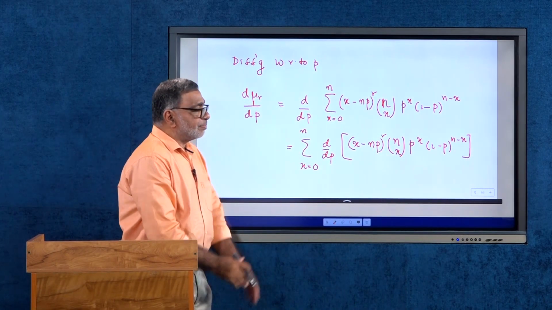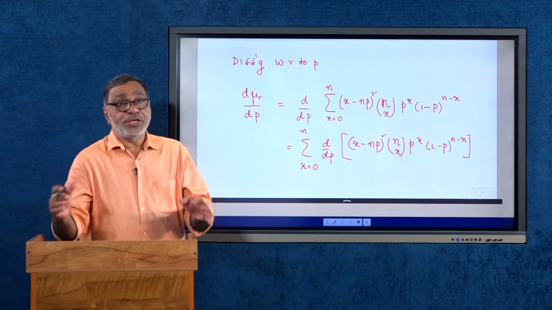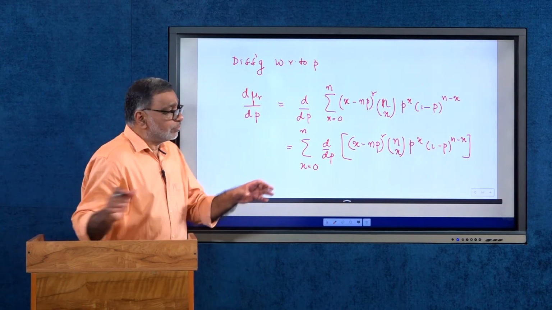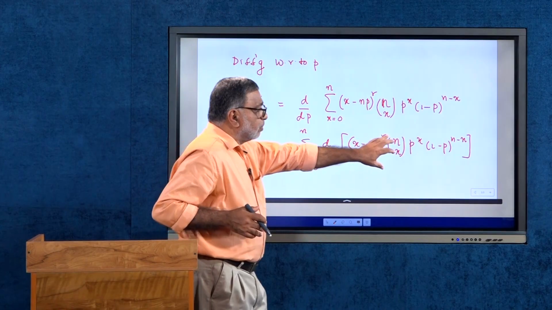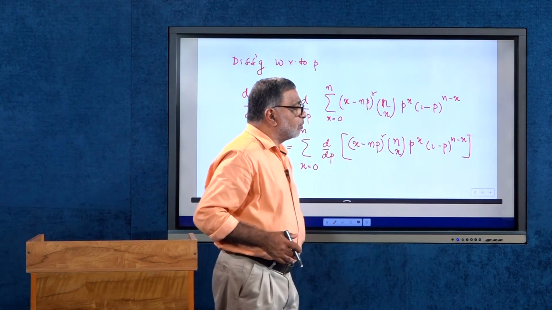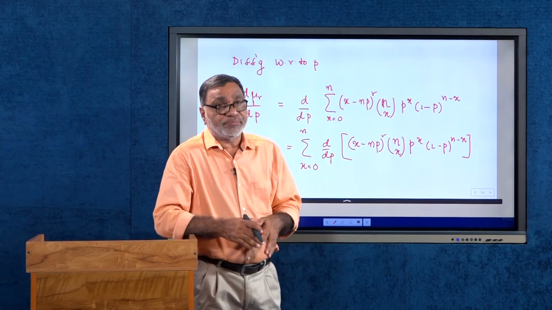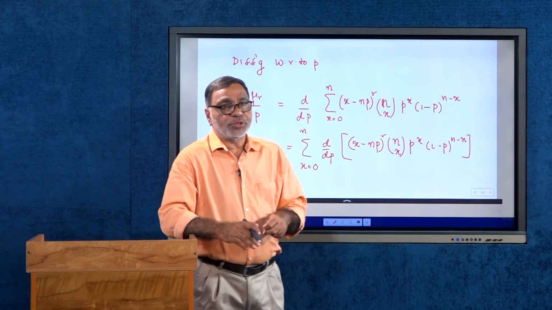Then the next step is differentiating this. We have x minus np power r, p power x, 1 minus p all power n minus x. These are all functions of p. We are differentiating that with respect to p.